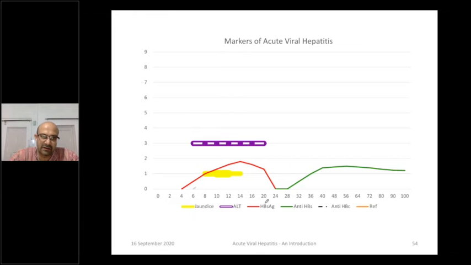They start appearing about 2 weeks after the appearance of hepatitis B surface antigen and then persist in the blood for an indefinite period of time. Important thing to remember here again is in the early phase, these are IgM type of antibodies, whereas later these become the IgG type of antibodies.